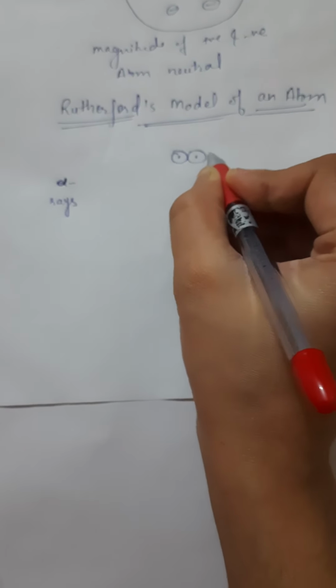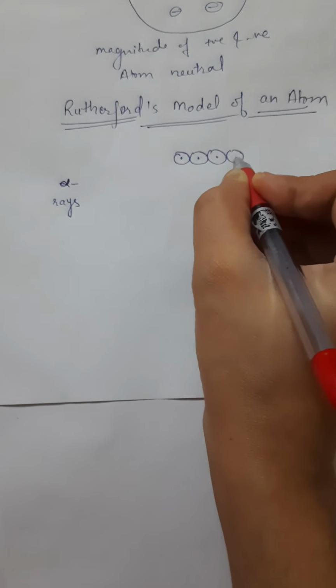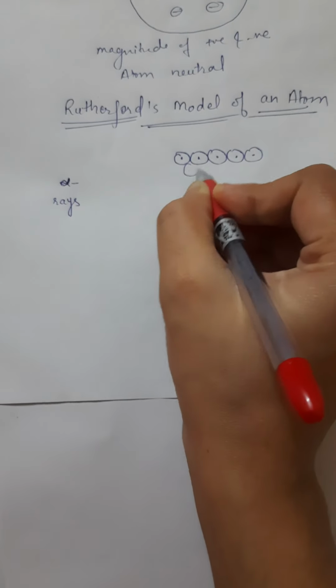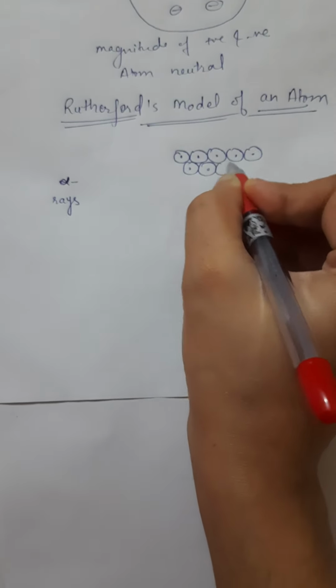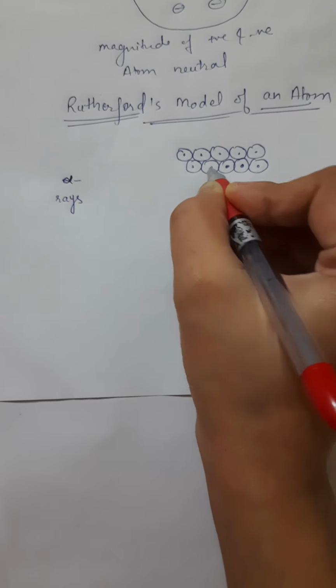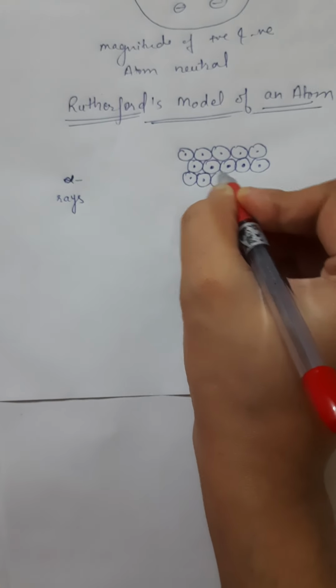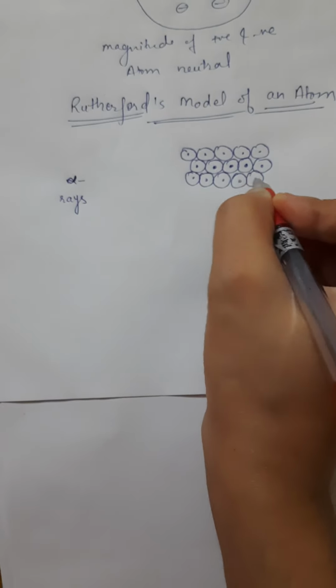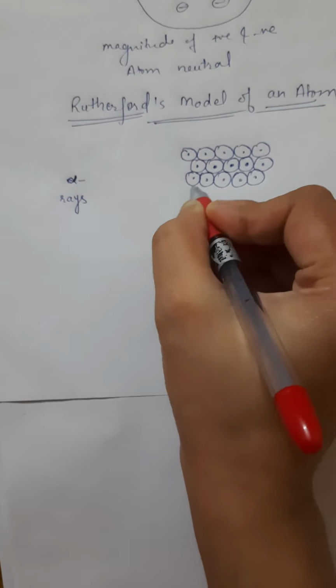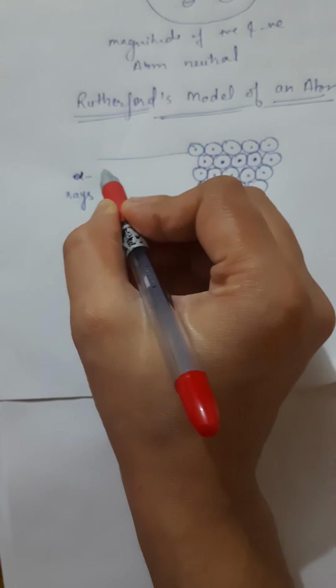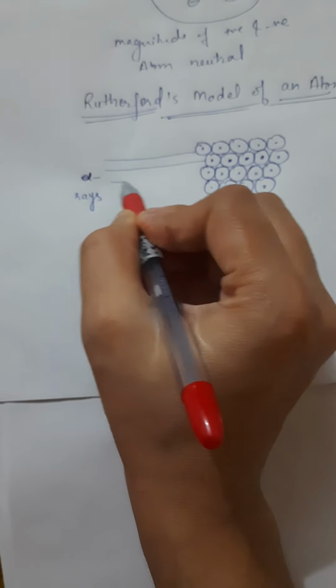These are the atoms. In the center, it is the nucleus. This small dot is the nucleus. In this way, he allowed these rays to fall on this gold foil.